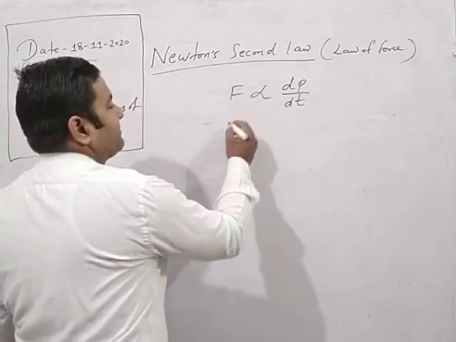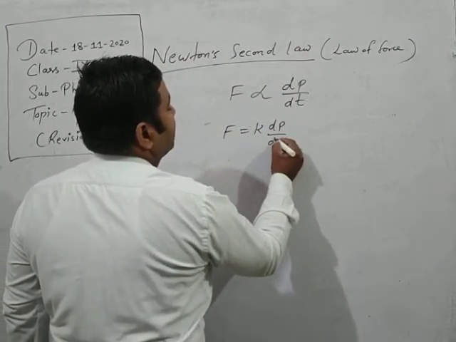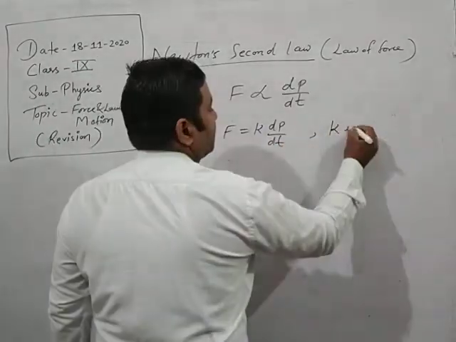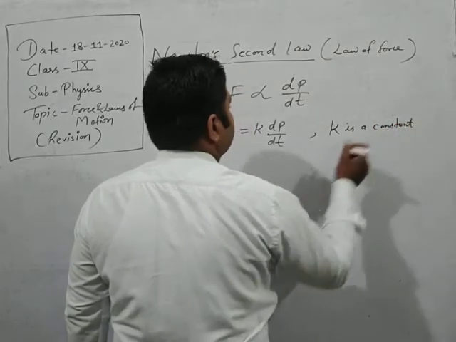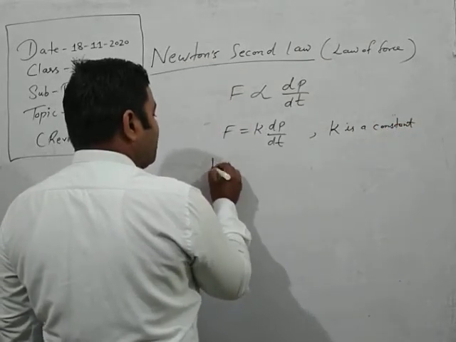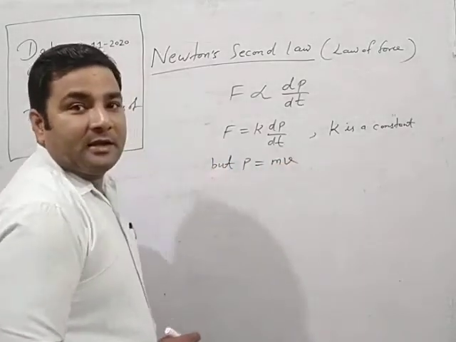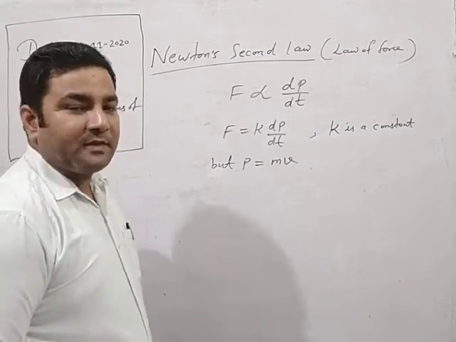When we replace this symbol, then F is equal to K dp/dt, where K is a proportionality constant. But P is equal to mv, momentum is equal to mass into velocity.